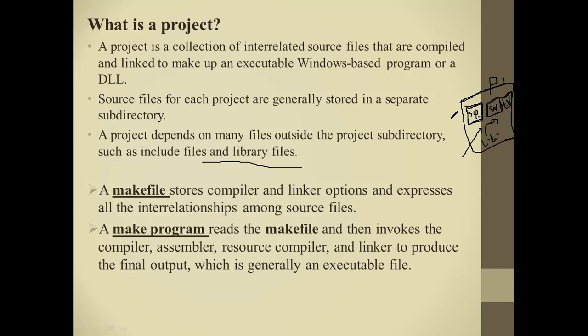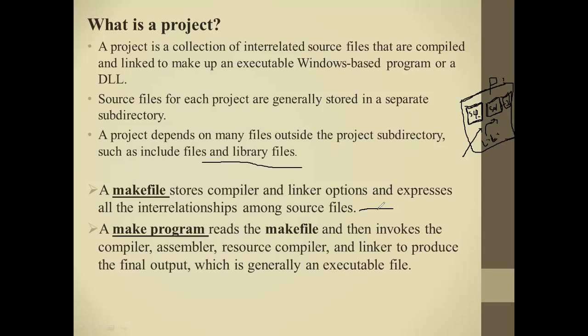Now, one more important thing to remember about a project: there is a make file. In a project we will have a make file, which stores the compile and link options and expresses all the interrelationships among the source files. So we have a special file called the make file, out of all the files in a project.